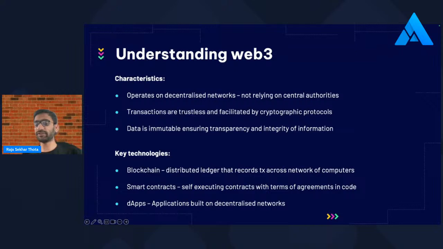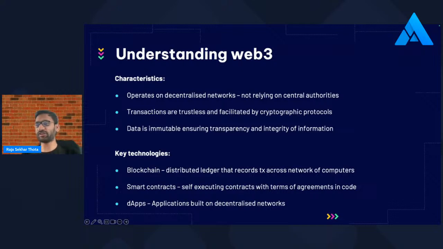And thirdly, this is really important, and is the reason why security needs to be considered at every point of development in Web3: immutability. The nature of blockchain itself is immutable, and this immutability ensures transparency and integrity. But at the same time, it also poses some security challenges. If addressed in the correct way, this can lead to some tremendous applications.